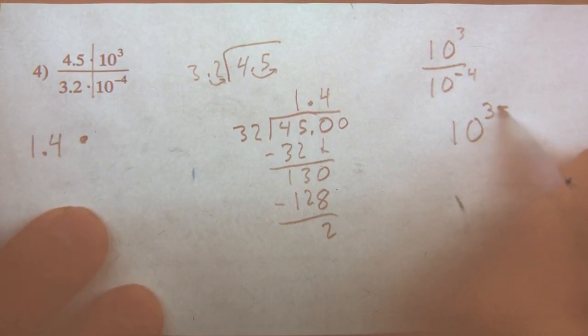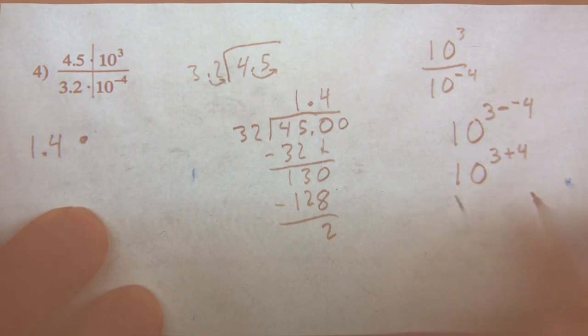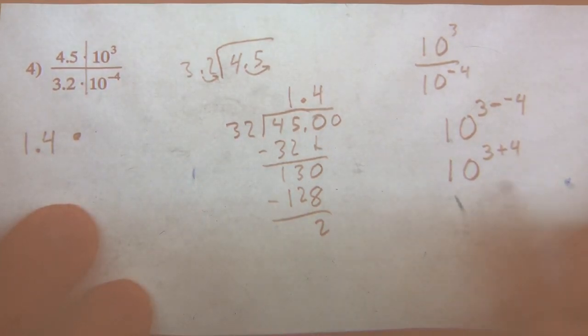The minus is for the dividing, and this exponent is -4, so don't just put -4. It's minus -4. And as we all know, subtracting a negative is like adding, so it becomes 3 plus 4, just like any other subtraction problem. So we get 10 to the 7.